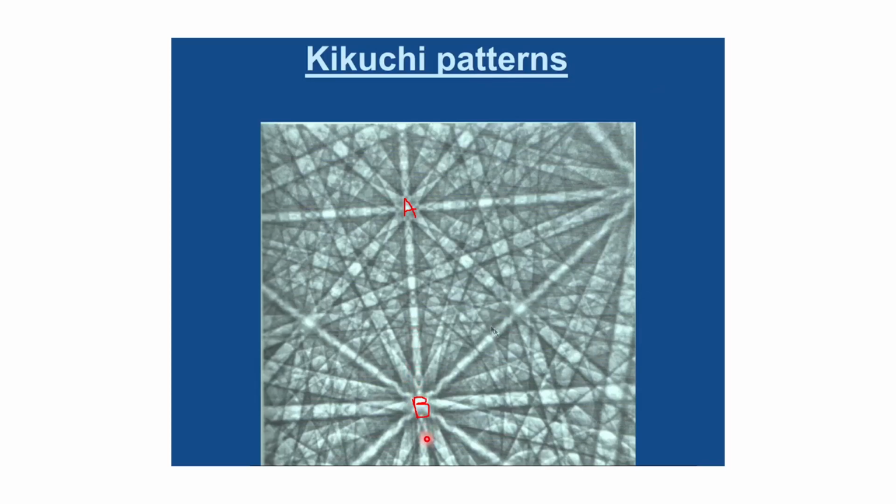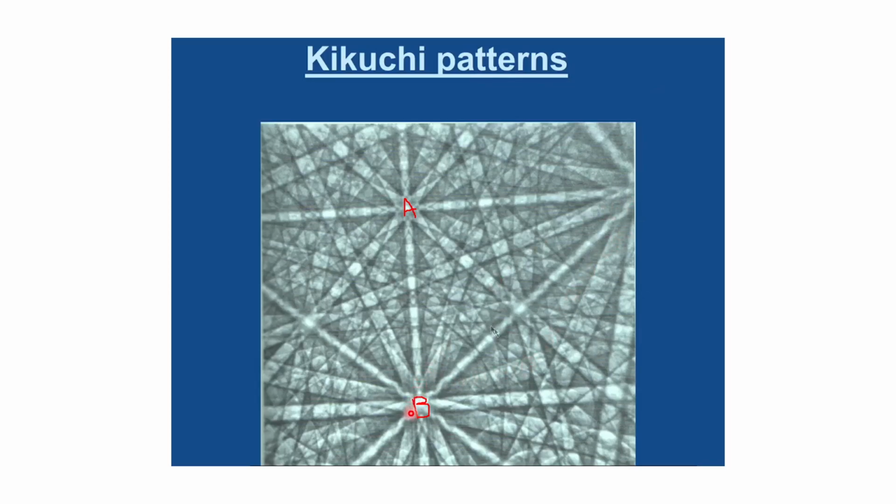These lines basically represent the planes. So at point B, different planes are intersecting, and at point A, different planes are intersecting. So the intersection of different planes at point A represents one zone axis, and at point B it represents a different set of planes with a different zone axis.